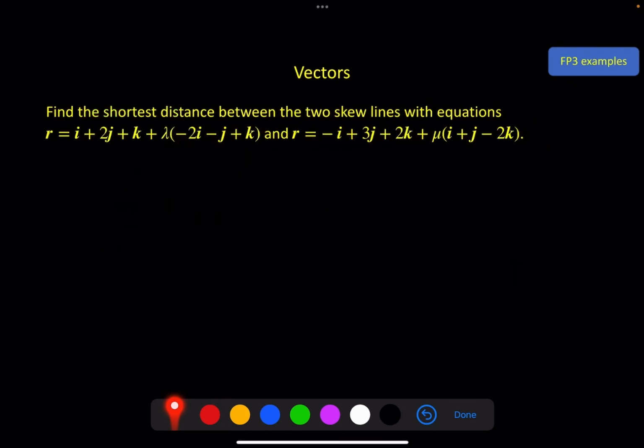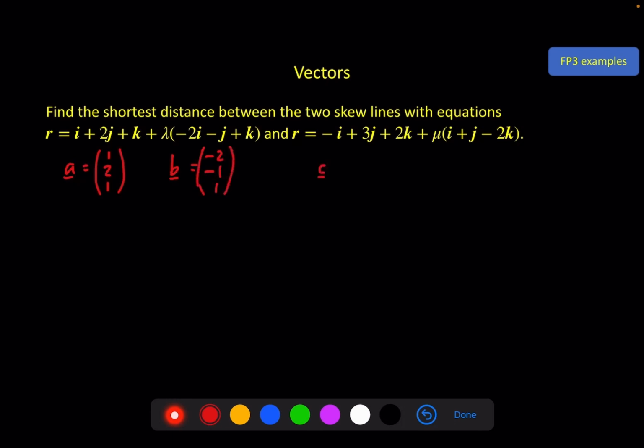Find the shortest distance between the two skew lines with equations this and this. So first of all, I'm going to make sure I know what is what. The position vector of a point on this line is 1, 2, 1, and the direction vector of this line is -2, -1, 1.